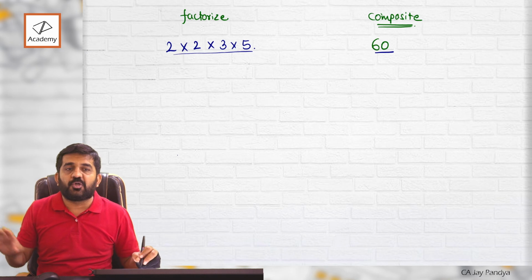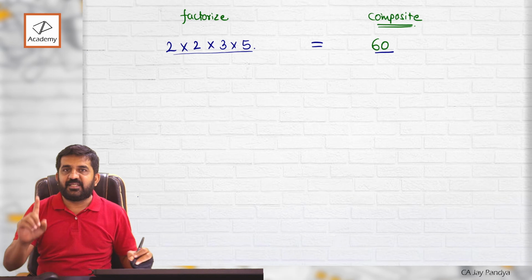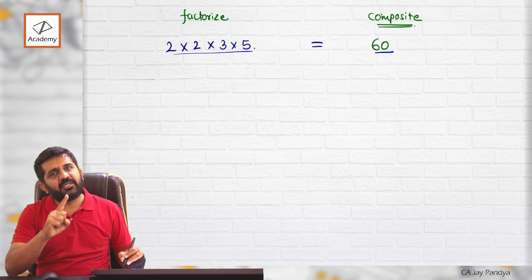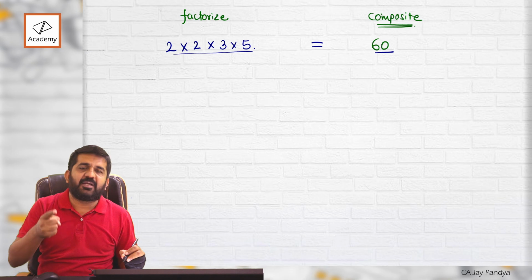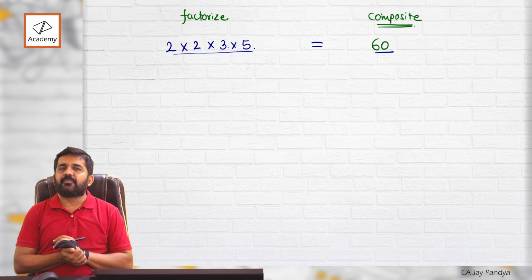There is no other combination where the product of primes is equal to 60 except 2, 2, 3 and 5. 2 multiplied by 2 multiplied by 3 multiplied by 5. Yes, order can change. So 5 multiplied by 2 multiplied by 2 multiplied by 3 is also 60. But otherwise this is unique, right?